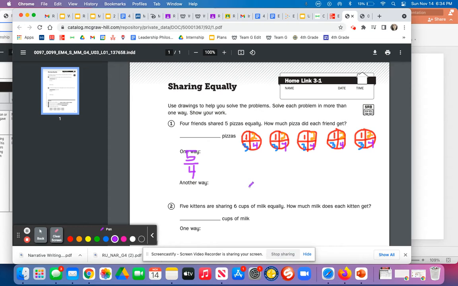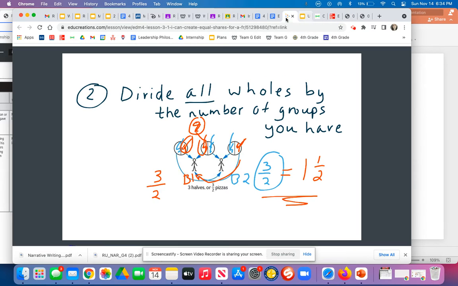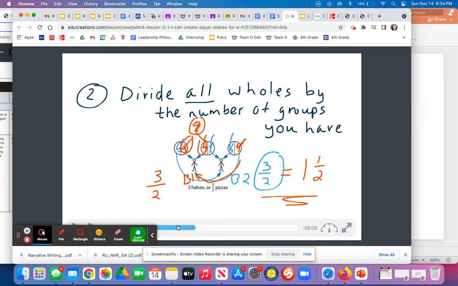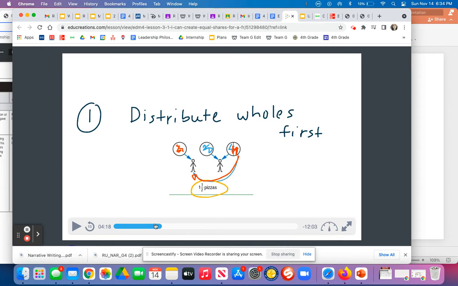Now the second way would be to distribute the wholes first.